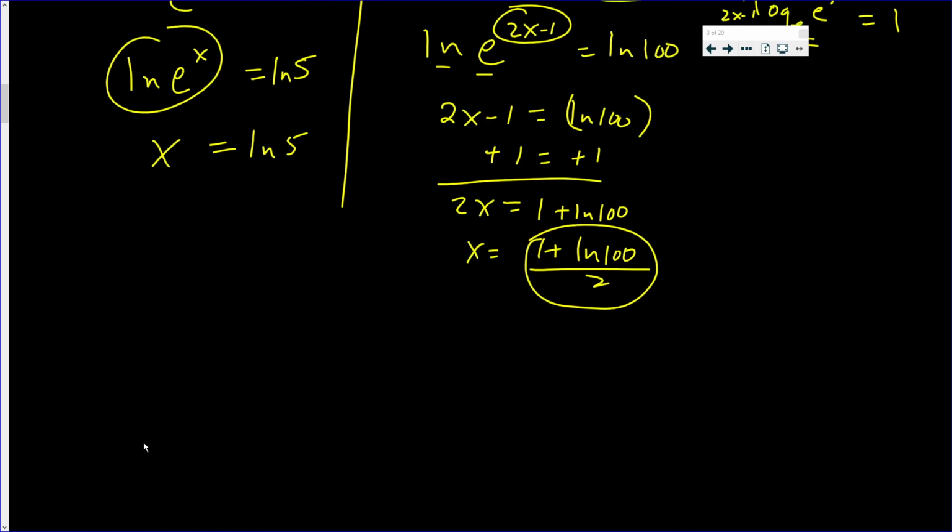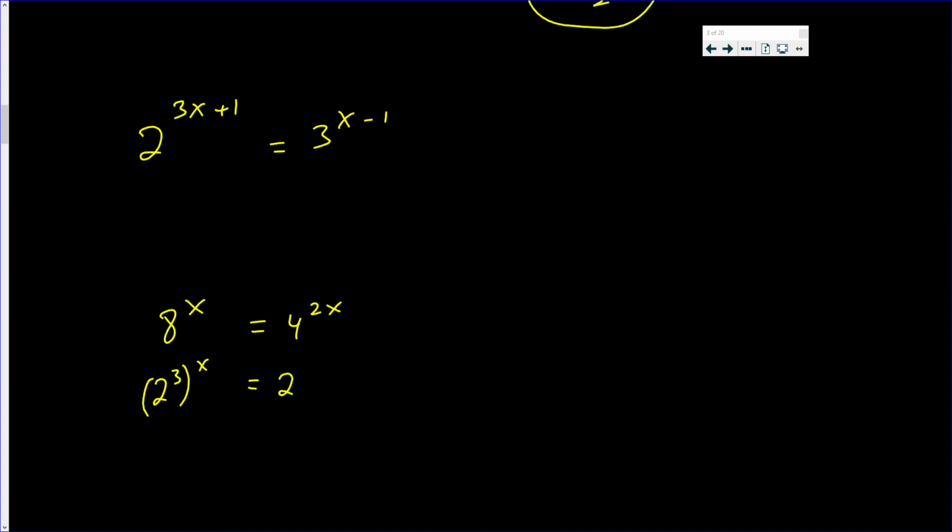Now, here's a nice problem. These two bases are different and they don't share any common factor. In other words, if you had 8 to the x is equal to 4 to the 2x plus 1, well, I can write 8 as 2 cubed and I can write 4 as 2 squared.